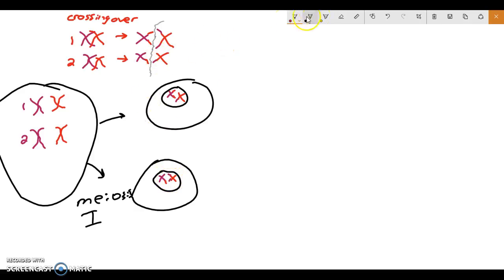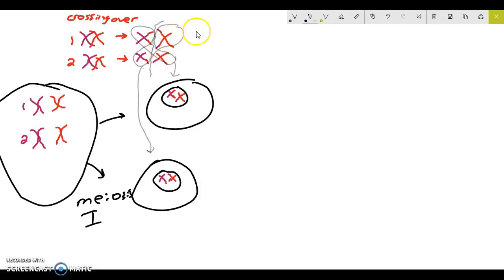Okay, so by chance, just pure independent assortment, these two chromosomes went into this cell, and these two wound up going into this cell. Next time, it could be the two chromosomes on the left in a cell, or the two on the right in a cell.